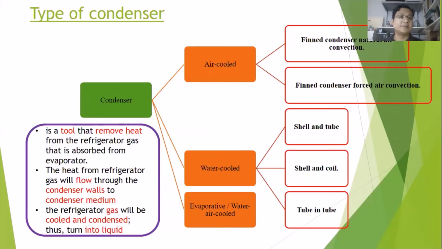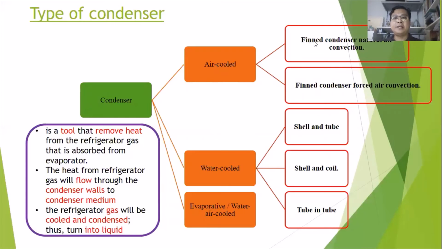So the function of the condenser is to change the high temperature into a cold temperature, and automatically change the phase from gas into liquid. So we go back to the types.